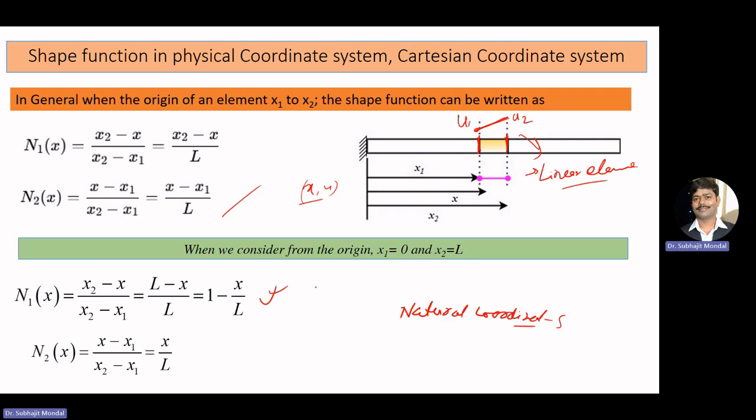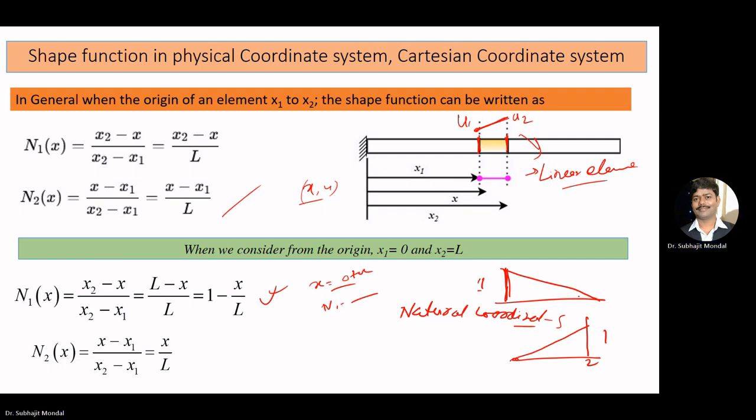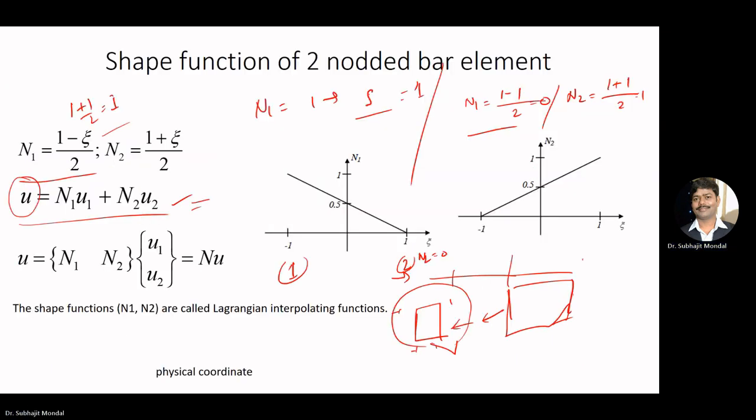From here you can see that when x is changing within the element from 0 to L, n also changes linearly. So you can represent n1 like this: n1 is equal to 1 at this point, and it will be 0 at this point. So this is the linear variation of the shape function. Similarly, n2 will be 1 at node 2, and it will be 0 at node 1. So the variation between these two nodes is linear, and for the same reason, the element we derived is called a linear element. Okay. Thank you.